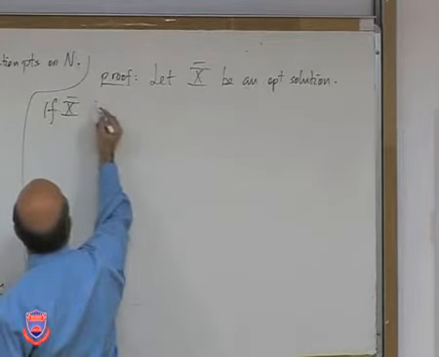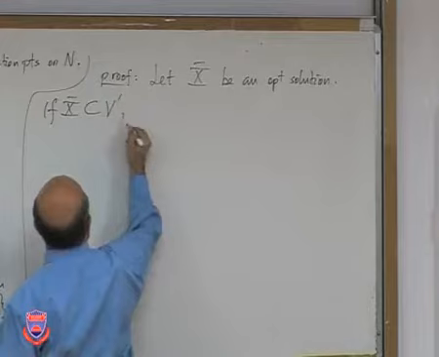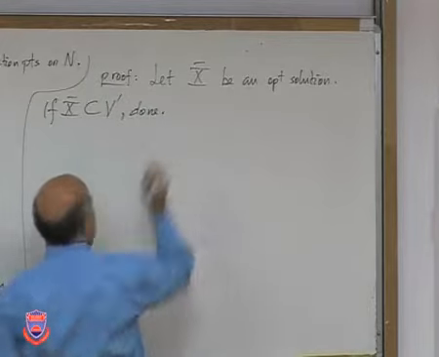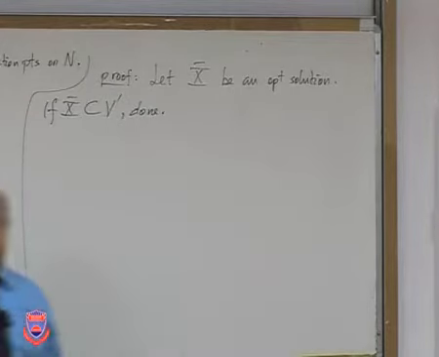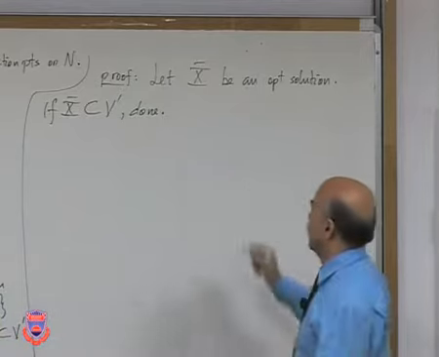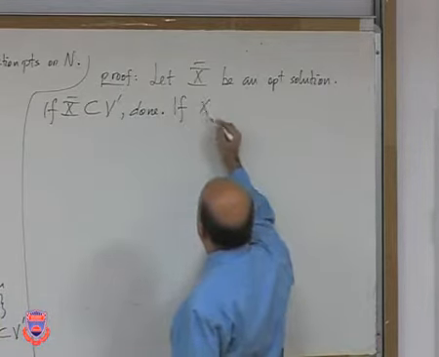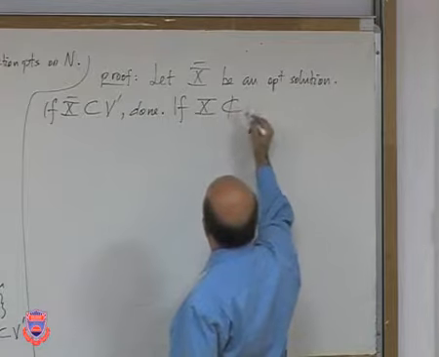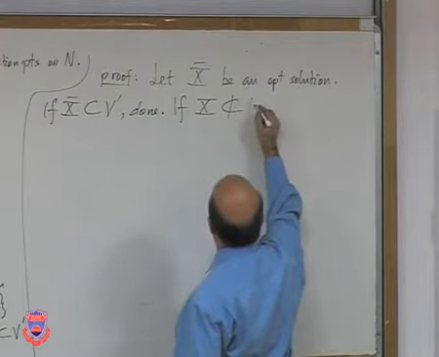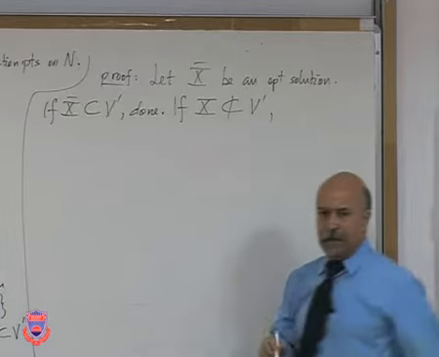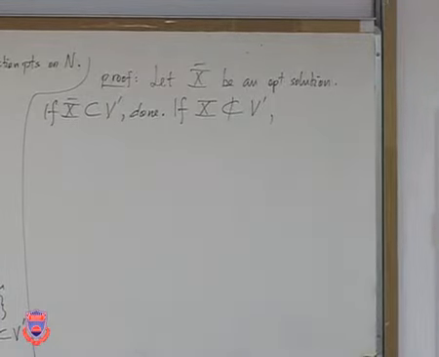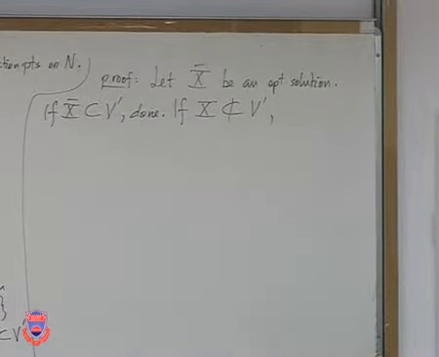If x bar is a subset of v prime, there's nothing to prove. We're done. If x bar is not a subset of v prime, then there's at least one element in it which is not in v prime.